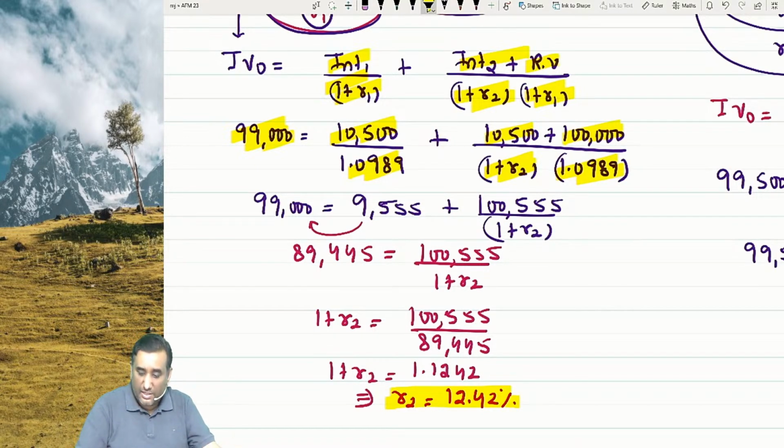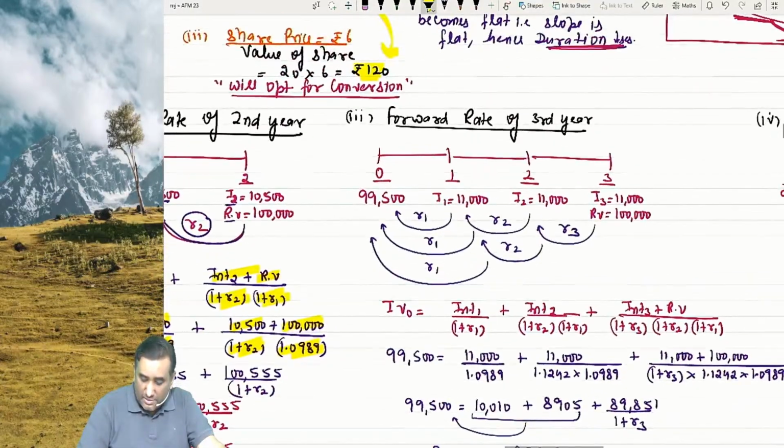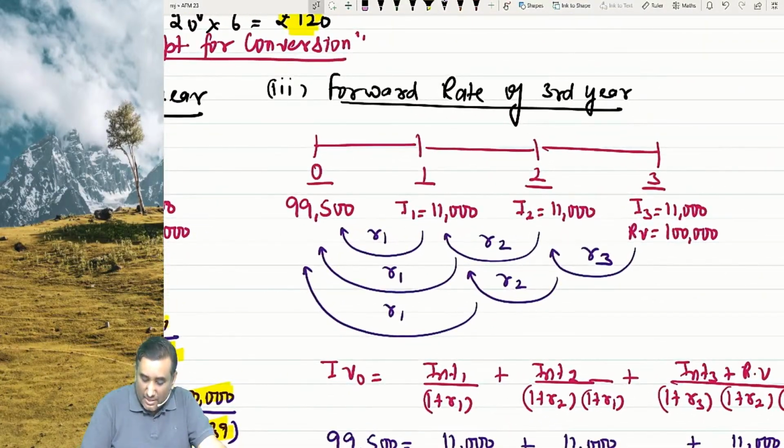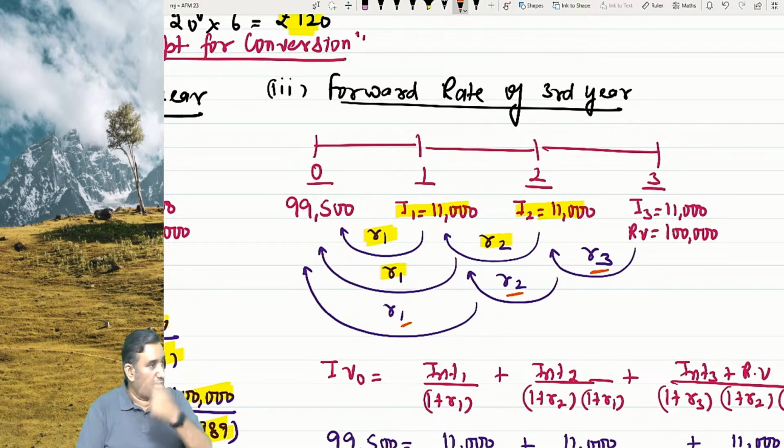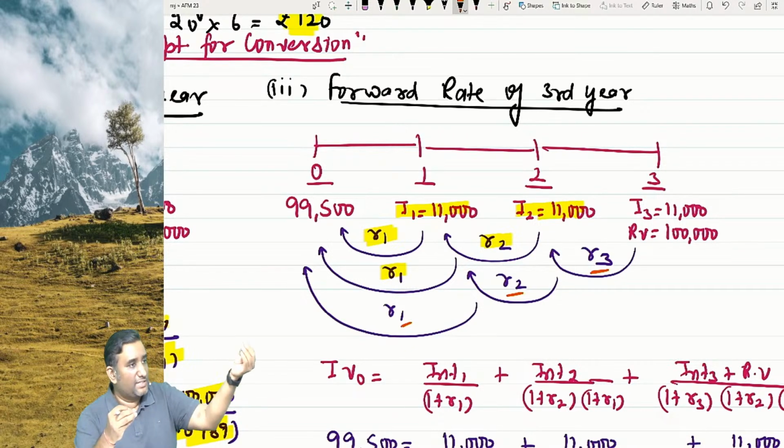Then when I go to the third year graphical presentation becomes as, the first year would be r1, second year would be r2 and then r1, third year would be r3, then r2, then r1. That becomes slightly mathematical exercise which comes. So in 1 or 2 more questions, I think this kind of exercise comes in the exam, when he'll give you calculate intrinsic value.